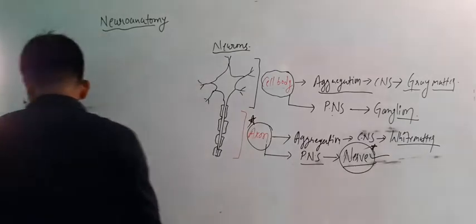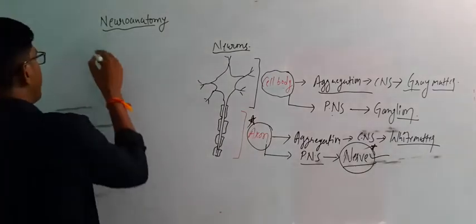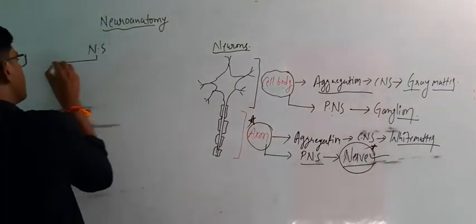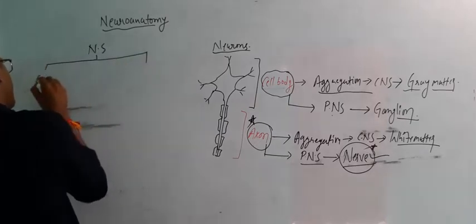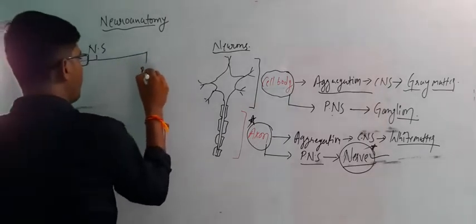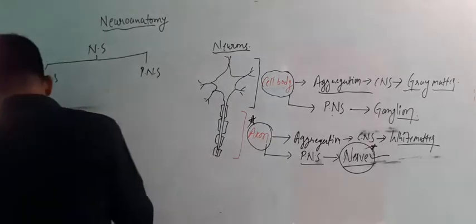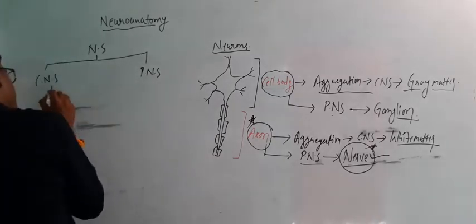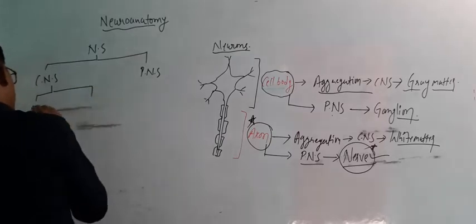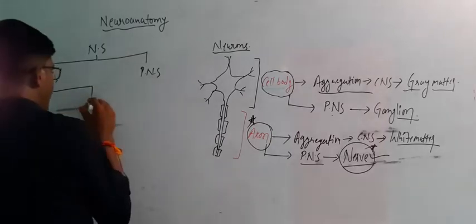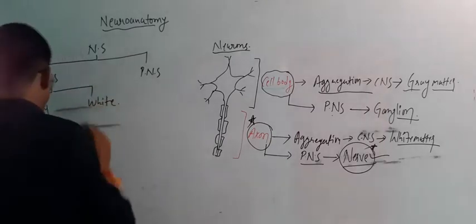The nervous system is divided into two parts: the central nervous system and the peripheral nervous system, right? Now the central nervous system, here is the gray matter and the white matter. Gray matter and the white matter, right?